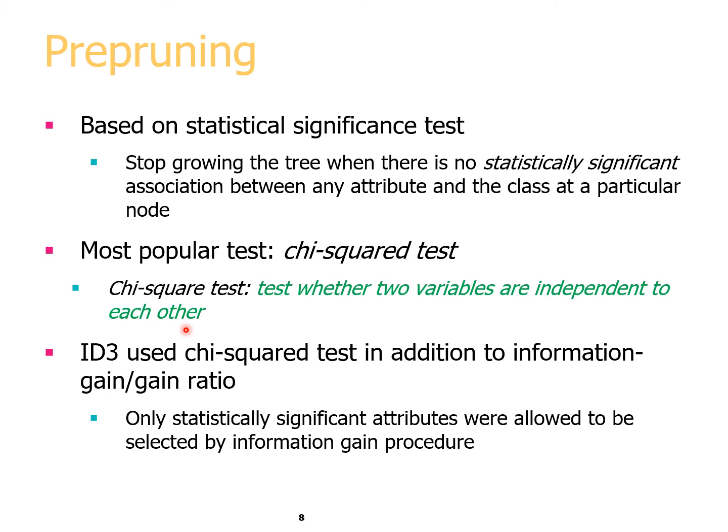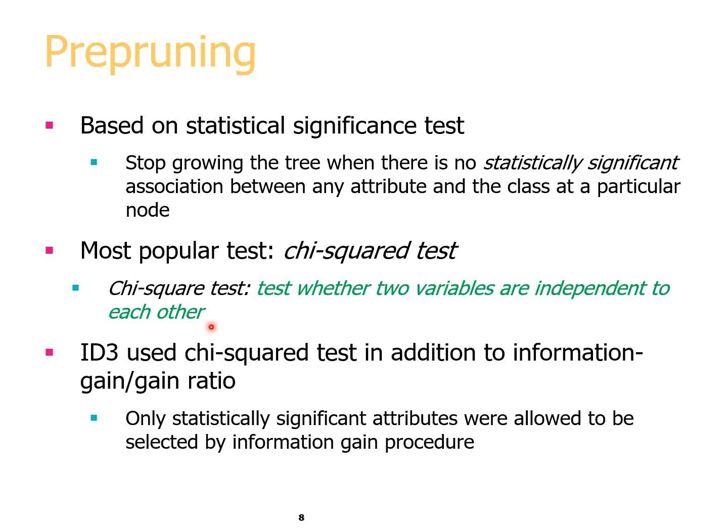But before you do that, you run a chi-square test between the attribute you selected and the class label attribute, the target attribute.